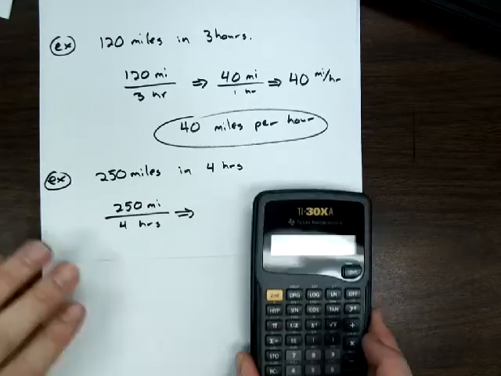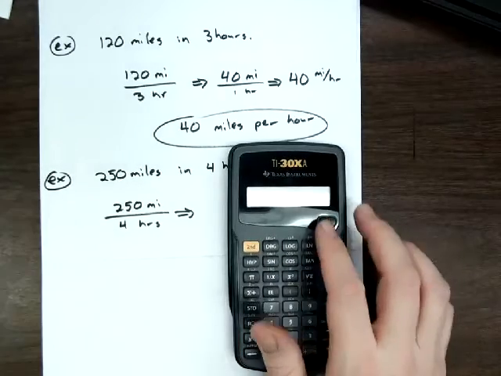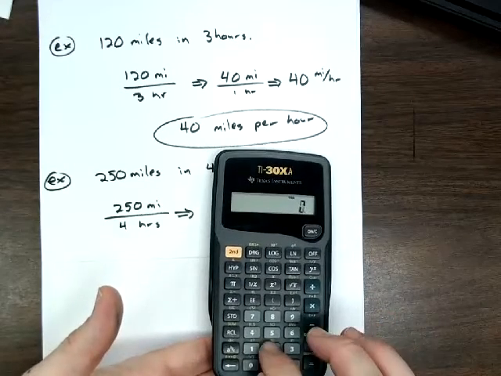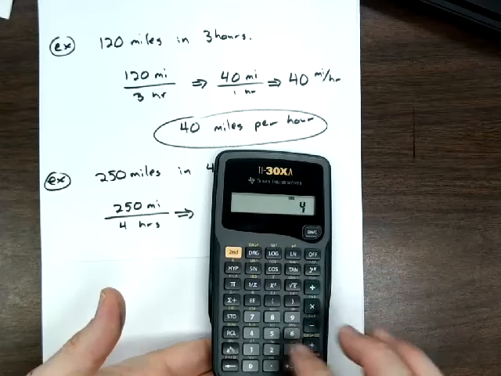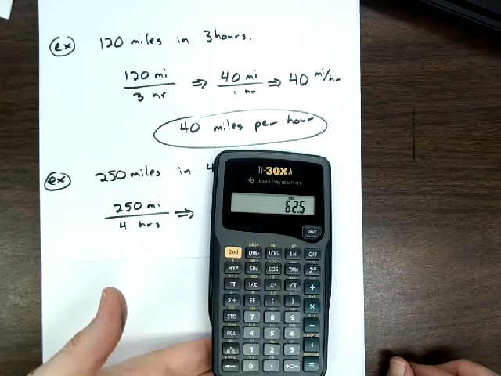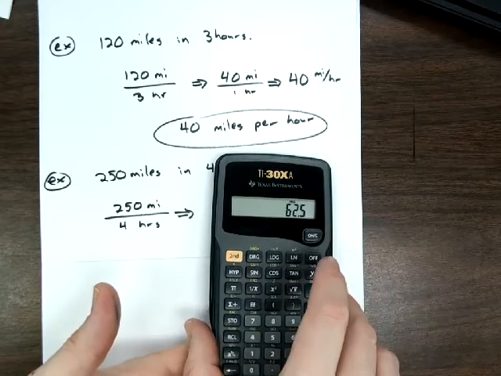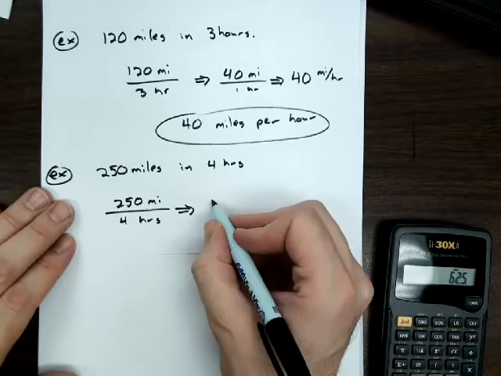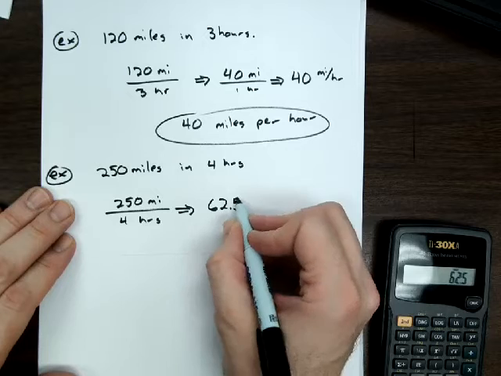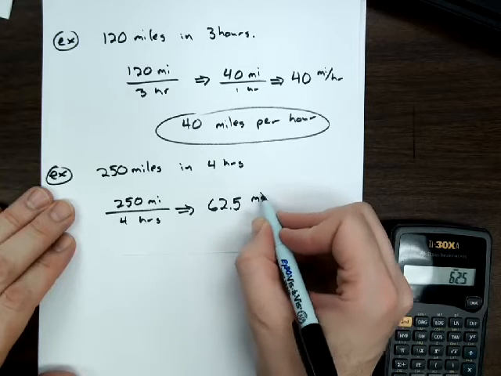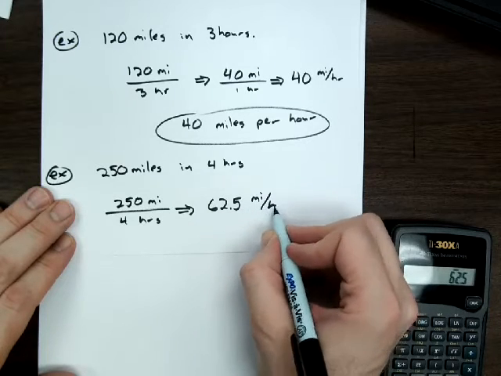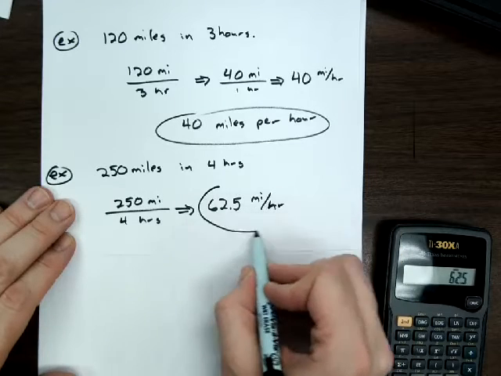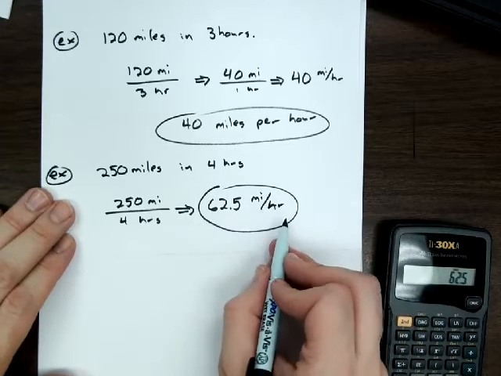So what is that going to be? 250 divided by 4, and it looks like 62.5. So our answer here is going to be 62.5 miles per hour. Again, notice we're using both of our units in the answer. If we don't include both units, it's going to be wrong.